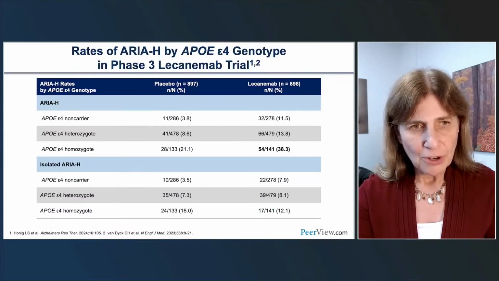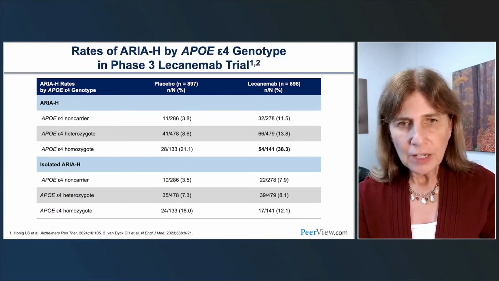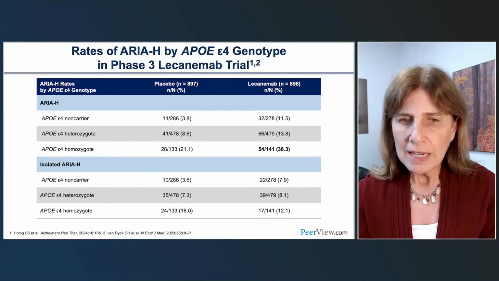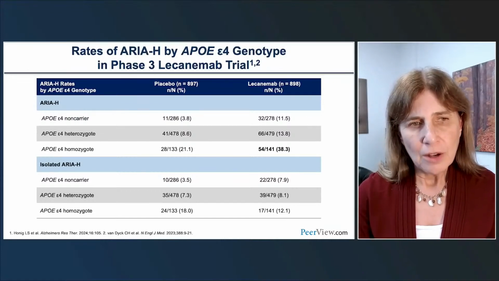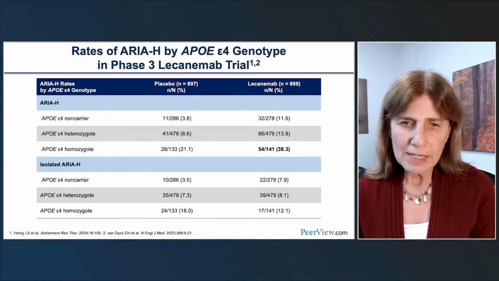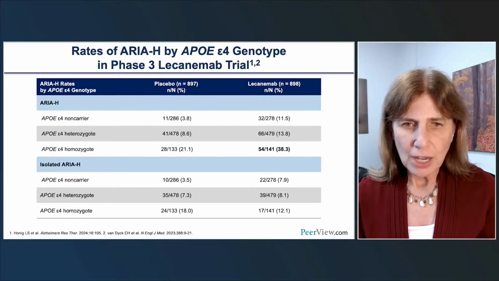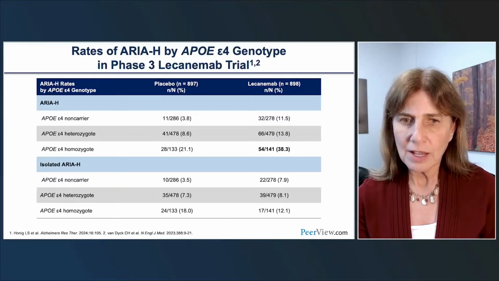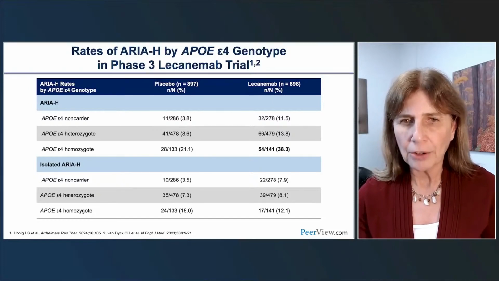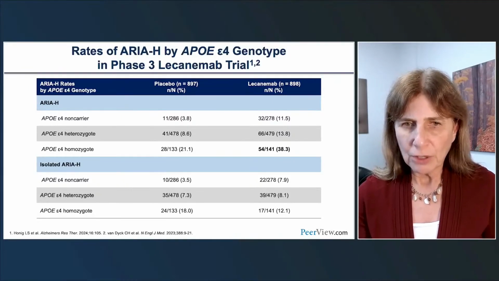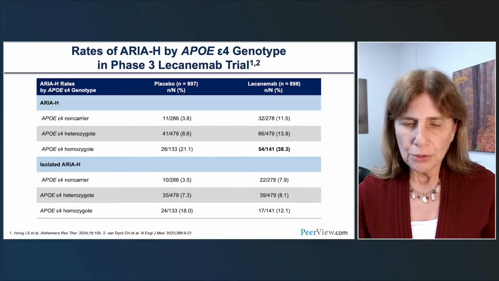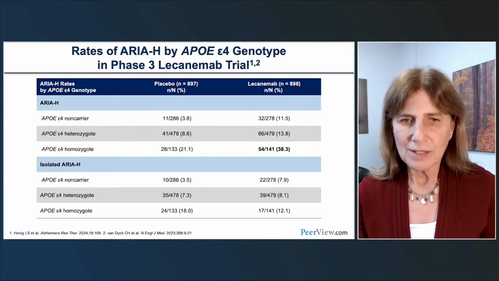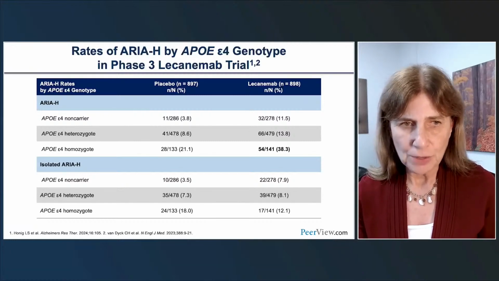What we were talking about was ARIA-E. When we look at ARIA-H, if you look at the last column, again, you will see an increase in ARIA-H rates depending on genotype, and very similar between the non-carriers and heterozygotes. The heterozygote E4 carriers have a little bit higher rate, going from 11.5% up to 13.8%, but there is a 38.3% ApoE4 homozygote rate for ARIA-H.